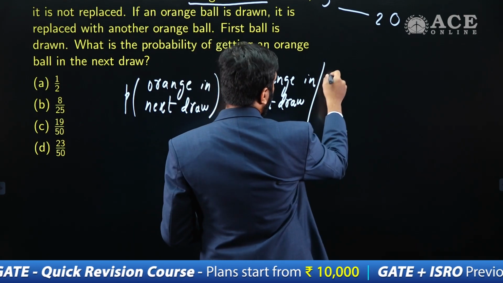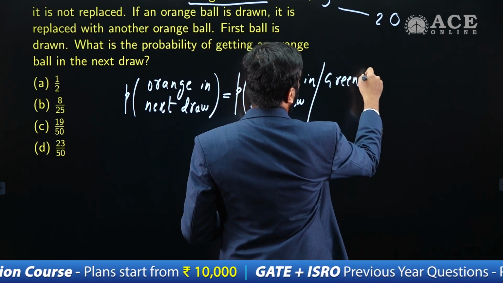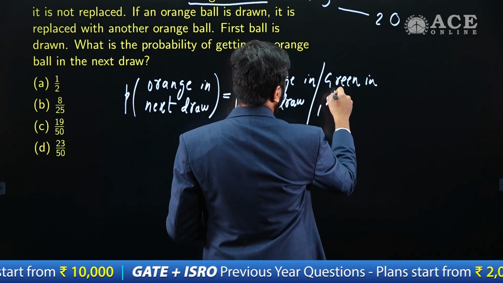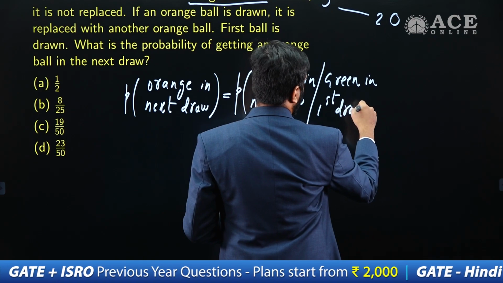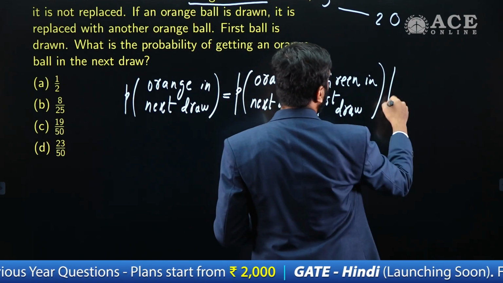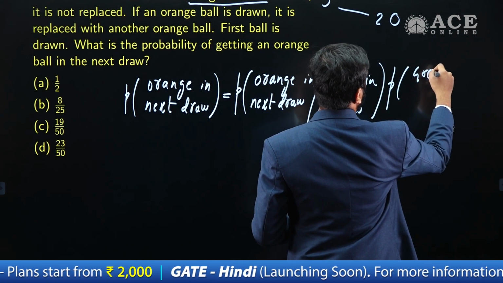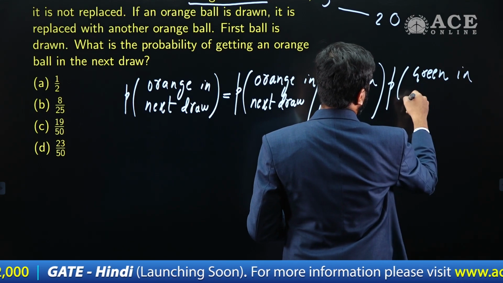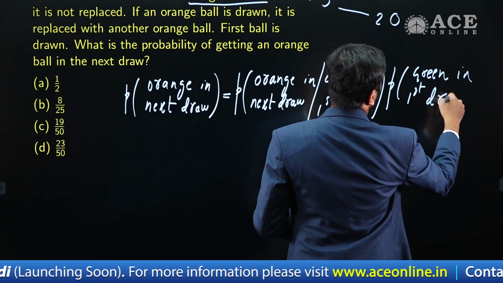given green in the first draw, into the probability of drawing green in the first draw. So this is called conditioning.